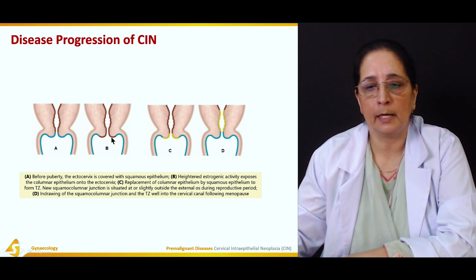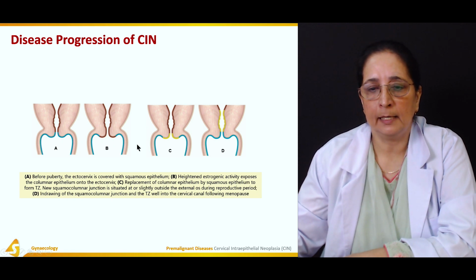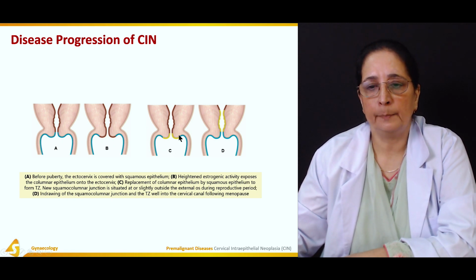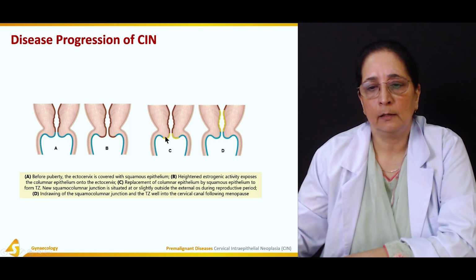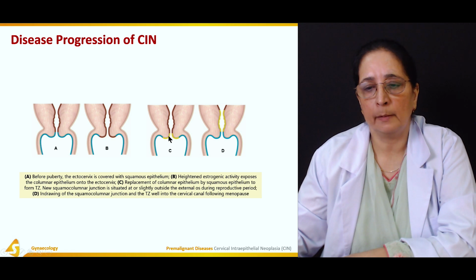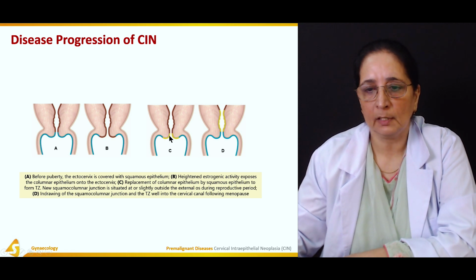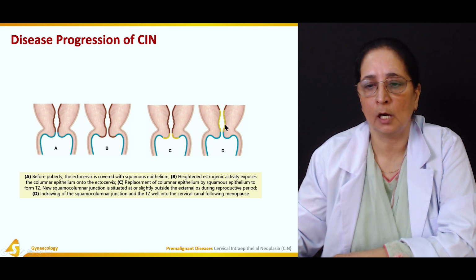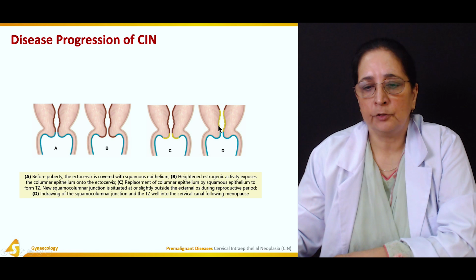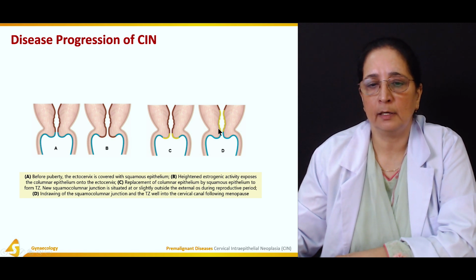Here squamous and columnar epithelium are both present. Then the columnar epithelium is replaced by the squamous epithelium to form the squamocolumnar junction. And then after menopause, there is indrawing of the squamocolumnar junction and the transformation zone into the cervical canal.